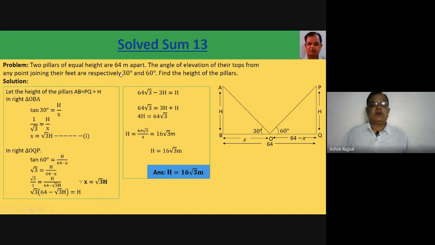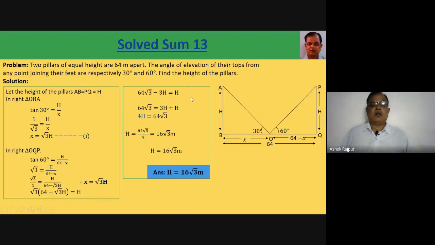As we know, in the right angle triangle PQR, let the length of the string be 90 meters. tan theta equals 15 by 8, and from the figure it is PQ upon QR. First we find PR with the help of Pythagoras theorem.